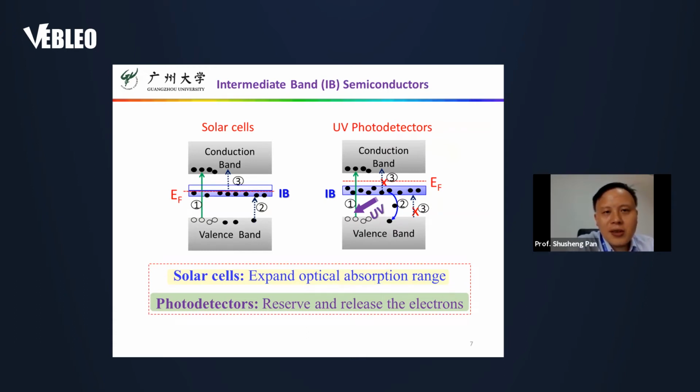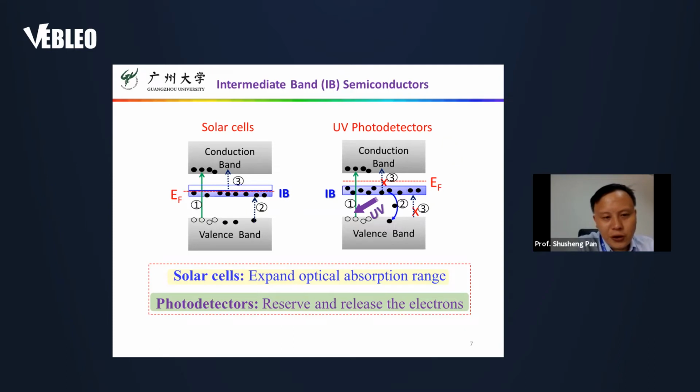I will introduce some intermediate band semiconductors. For solar cell applications, the intermediate band is partially occupied, and the optical transition between the intermediate band and the conduction band or valence band will expand the optical absorption range.